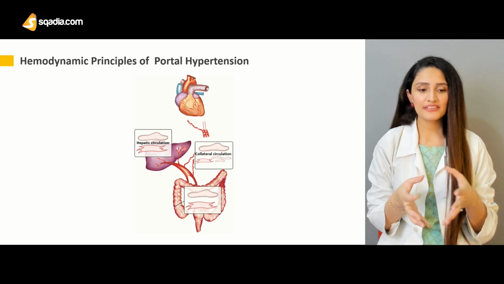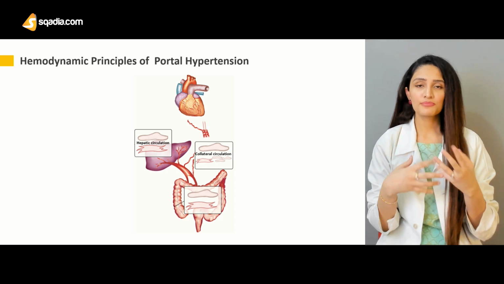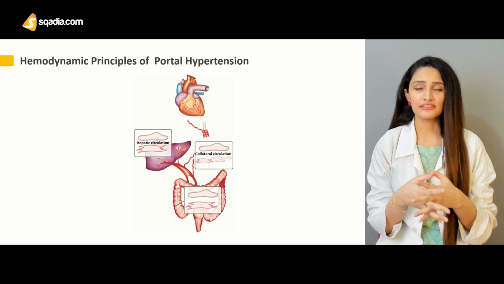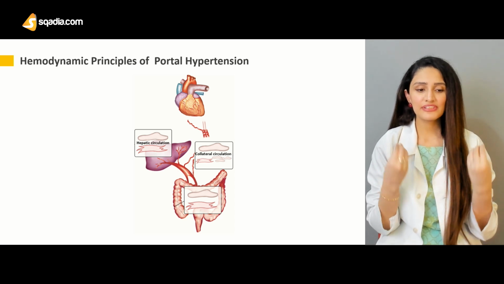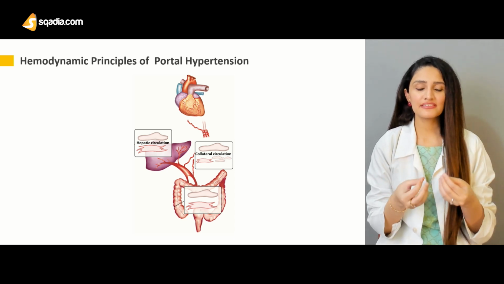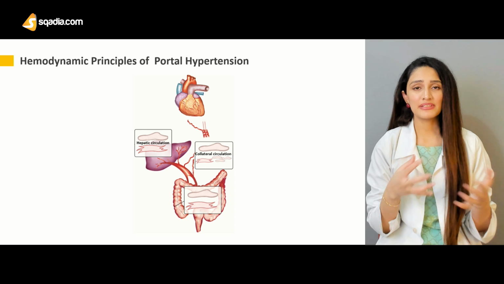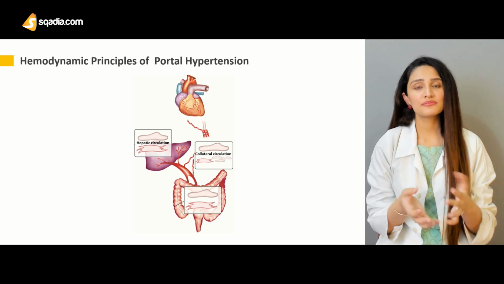In the hepatic circulation, the portal flow is occurring, and there is a decrease in nitric oxide and an increase in endothelin production.